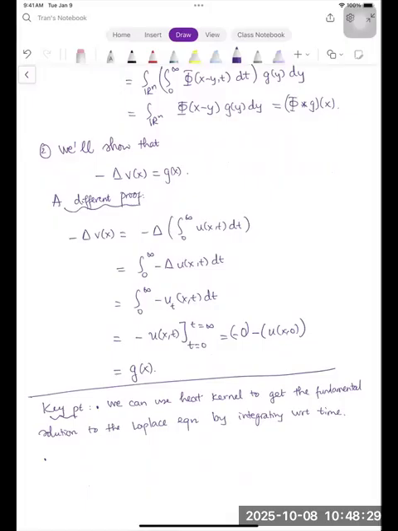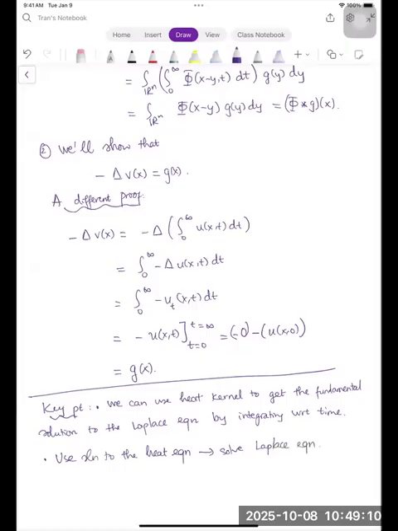Effectively, that means that we can use the solution to the heat equation, the equation with time, to solve the Laplace equation.